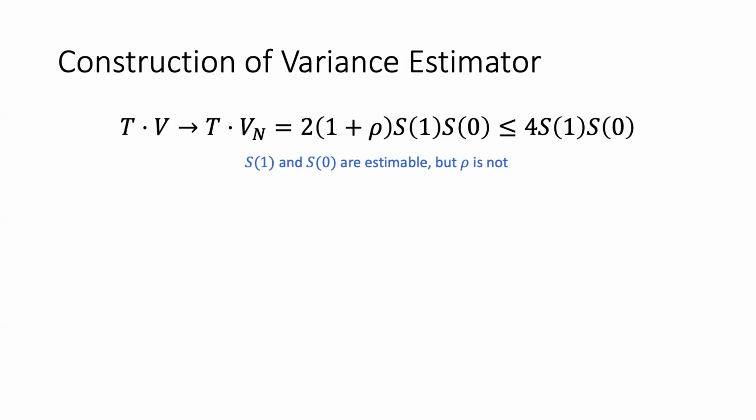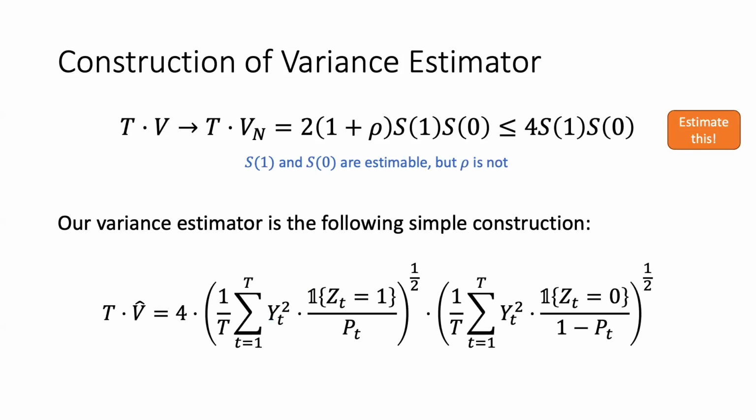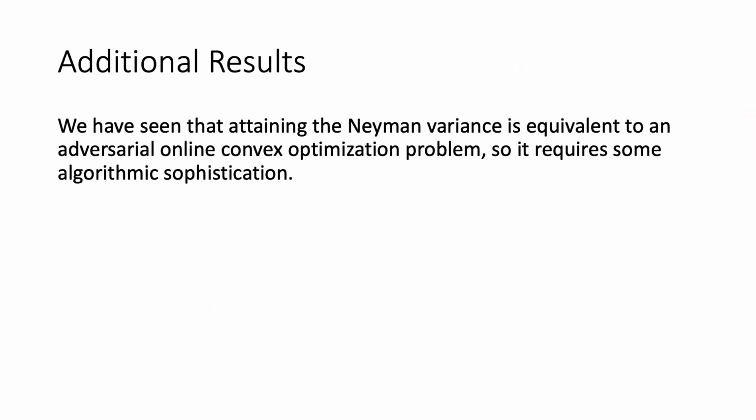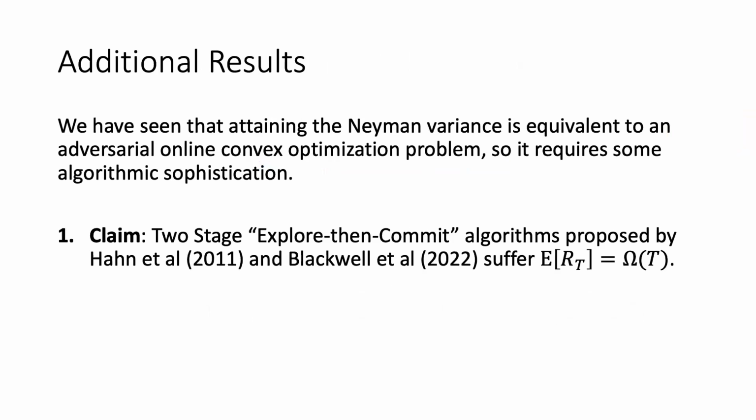And this is very common. Again, this is a very standard thing. Once you have something you want to estimate, it has an inestimable quantity, you use an upper bound. So we estimate this. So our estimator is just kind of looking at this and constructing a conditional Horvitz-Thompson estimator here.